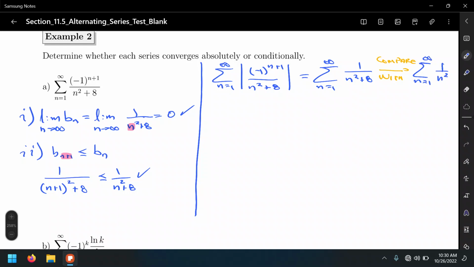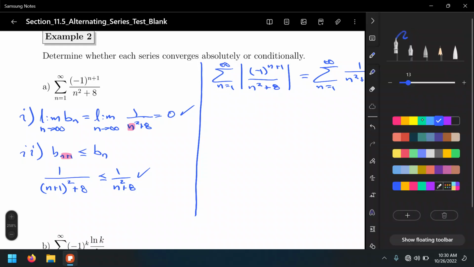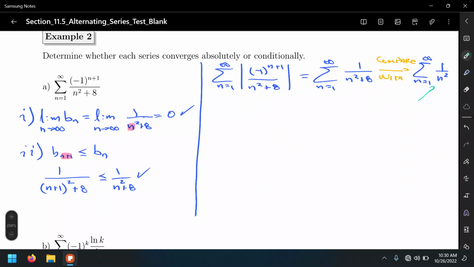And this series, which is a lot simpler than the one we just obtained, we know is a convergent p-series.